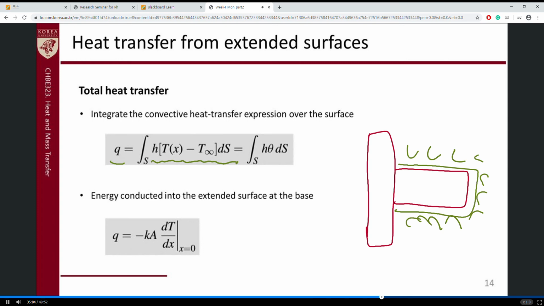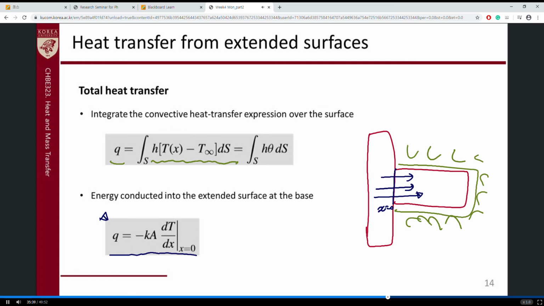The second part is the energy conduction into the extended surface at the base. It means that in this base, heat must be transferred through conduction, right? So this explains the overall heat transfer rate at x equals 0. And because this is conduction, we can express the conduction heat transfer rate like this, which we already studied before.